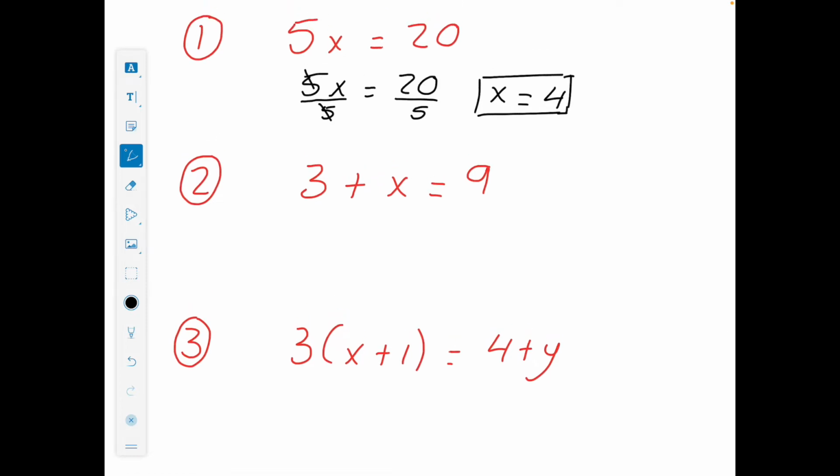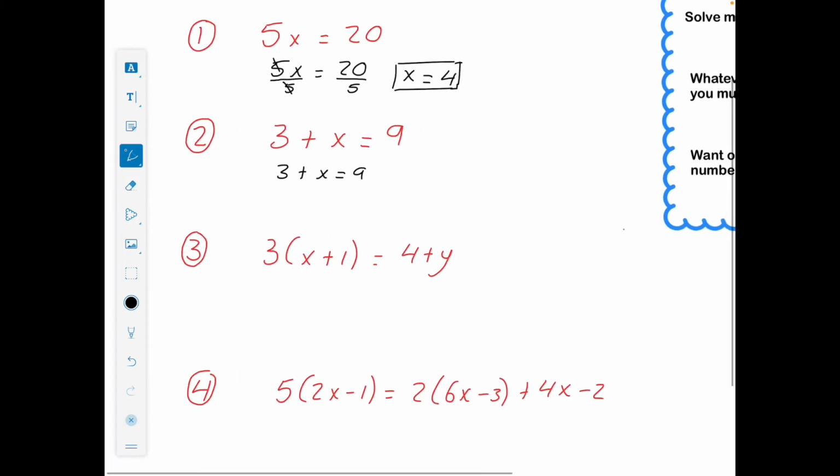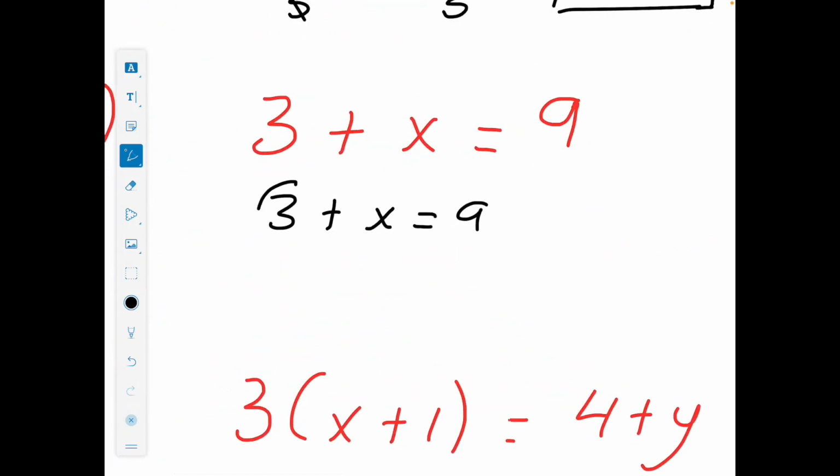Then the next one, we have 3 plus x is equal to 9. Again, we're going to think of this logically. So 3 plus what is equal to 9? 3 plus 6 is equal to 9, so x is 6 here. But again, it won't always be that obvious, so we're going to write it out how we would if it was a more complicated question. So 3 plus x is equal to 9. We said we want our x at one side of the equals and the numbers at the other.